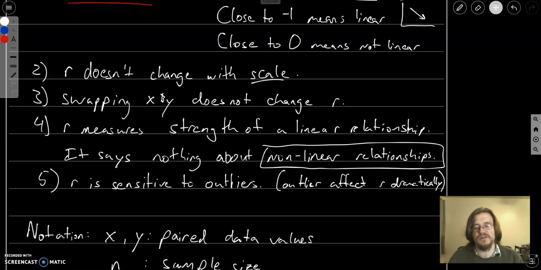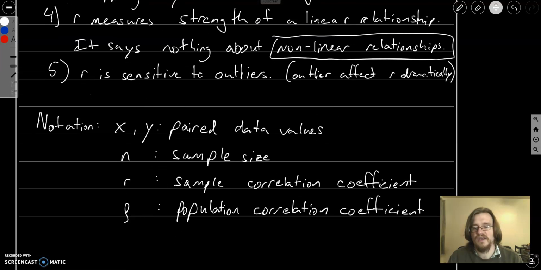So it's very important to keep in mind 4 and 5 here. We want to see, does the data just look visually, in our subjective mind, like a line? And does it have any outliers? Those are two things that we really need to keep in mind if we are going to look at R.